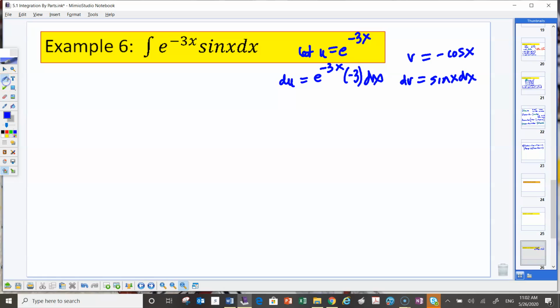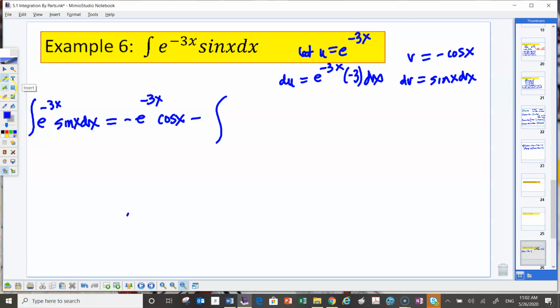So now, using integration by parts, I'll start with the original question. e to the negative 3x sine x dx is going to equal u times v, which is negative e to the negative 3x cos x, minus the integral of v du.